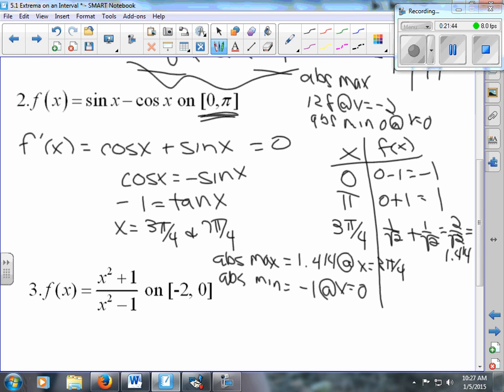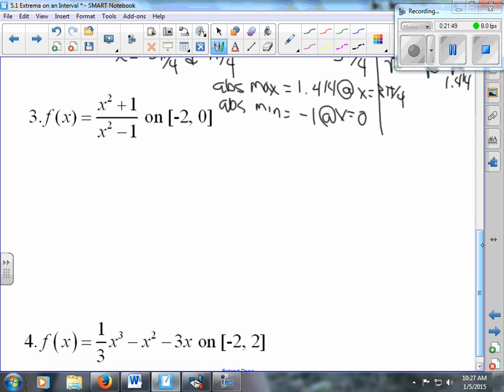Okay. Now, in my last example, I have a denominator, and the reason for that is so that we can do an example in which the derivative doesn't exist. So I'm going to find my critical points first, just like I did last time, which means first to find the derivative. This is a quotient, so I do the quotient rule.